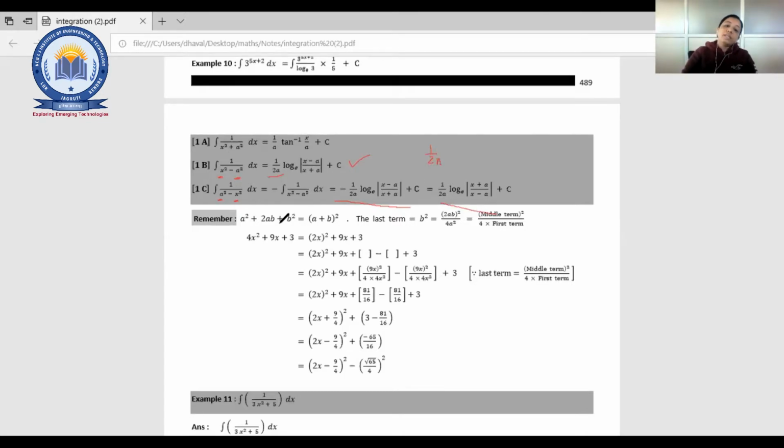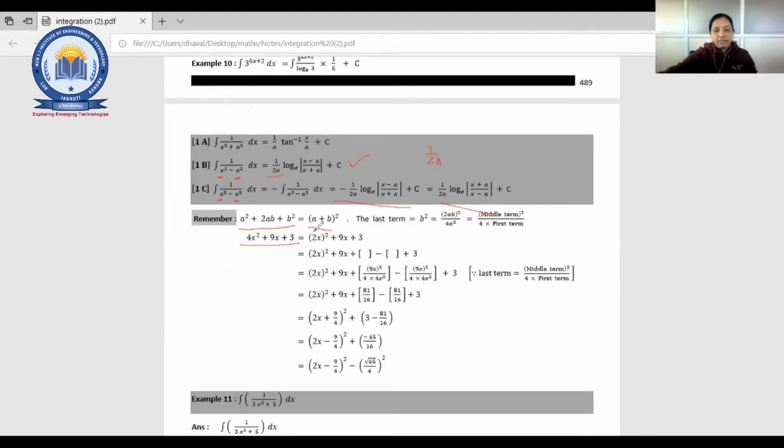Now another concept that you might know: suppose it is like this, a square plus 2ab, so it can be like a plus b square. Now sometimes it will not be given in the formula, for example 4x square plus 9x plus 3. So how are you going to do it? You are not able to find the factors easily.